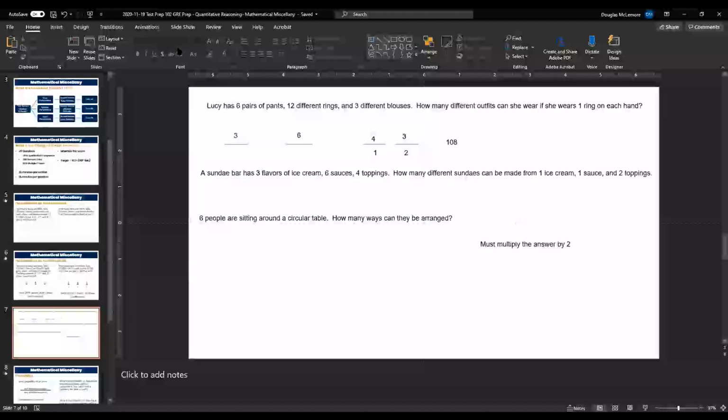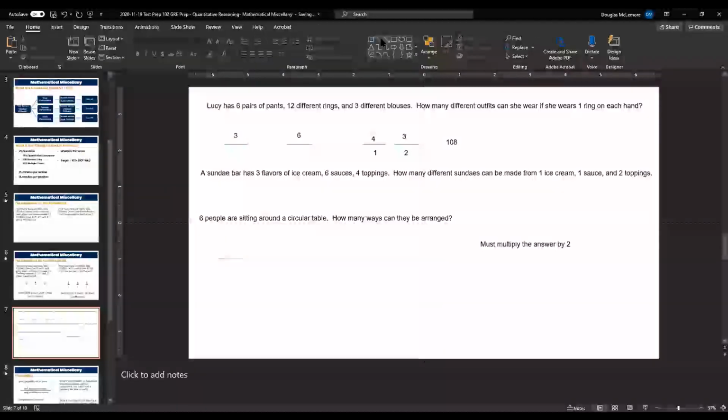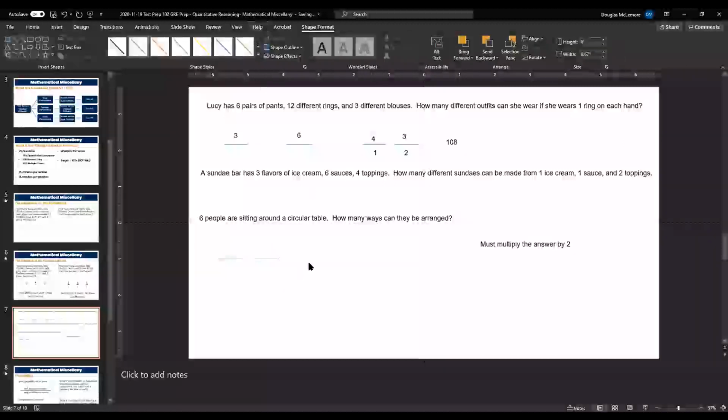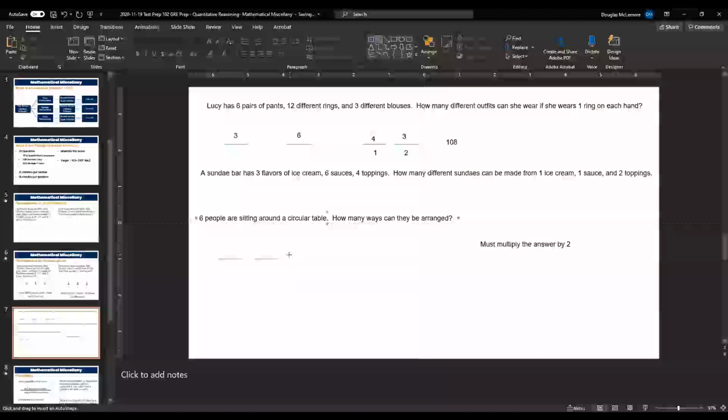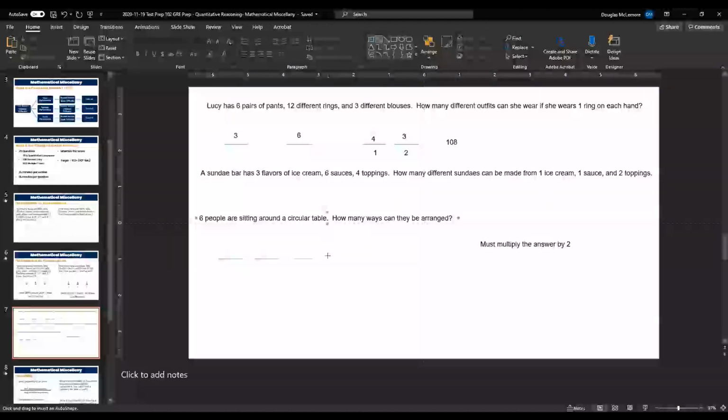Now here's the other problem. How many slots should I have for this problem? How many seats are going to be at the table? 6.